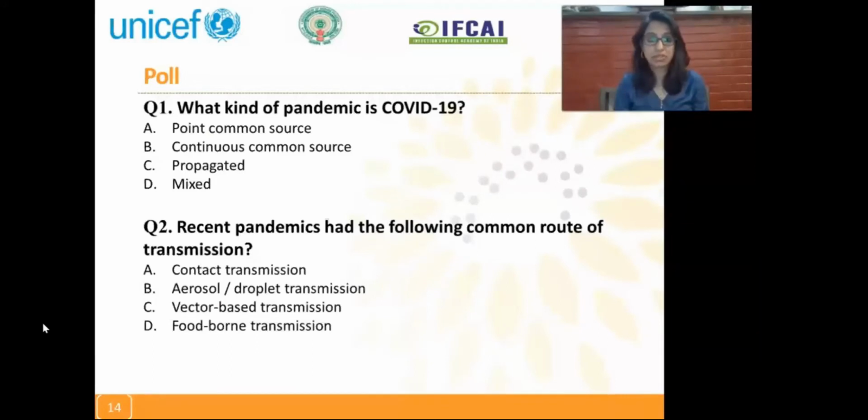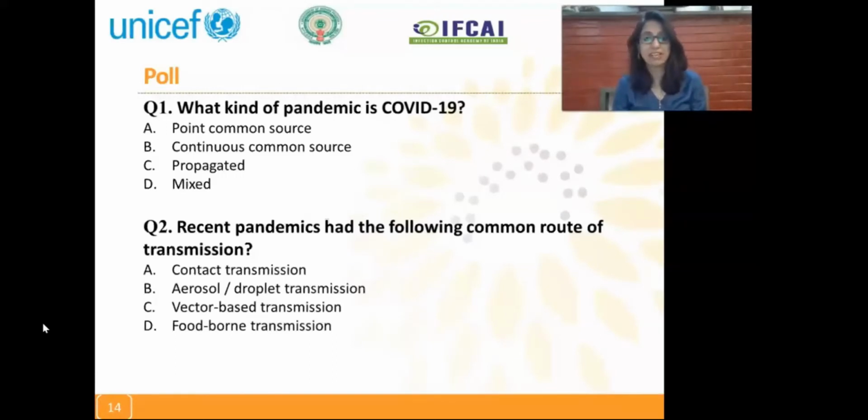Is it point source, or is it continuous common source, or is it propagated, or mixed? You have 20 seconds to reply to that. You have the poll already on your screens. Just select the option, and whatever option you choose will be reflected in our poll, and we will be able to give you the answers.